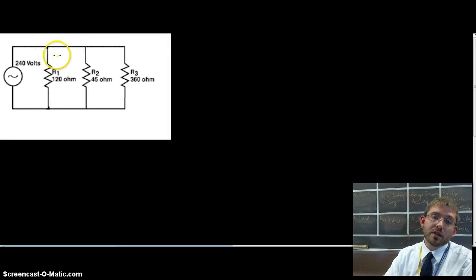And then it's the current that adds up, because as the current travels through this segment of wire, it reaches this node, or this point in the circuit where there's a split.